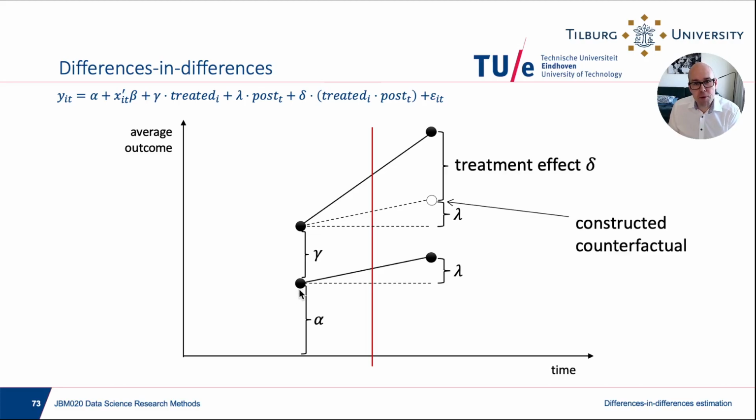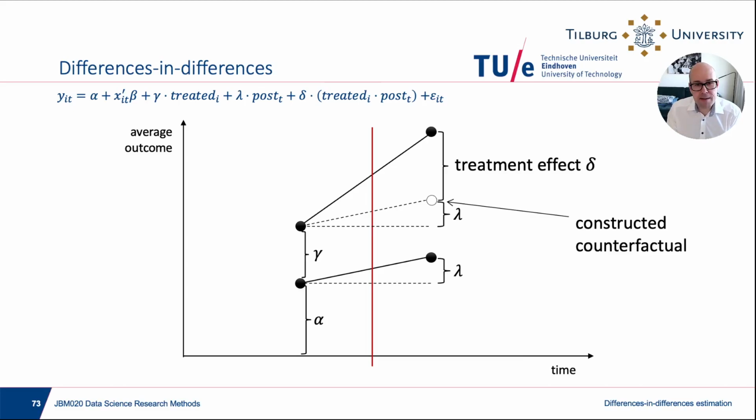Now let's move to post. So I'm still keeping treatment equal to 0, so also this term is going to be 0. So post, it's going to be alpha plus lambda, and this is exactly what you see here. So this is again alpha, and this here is, I'm sorry, that should be gamma.